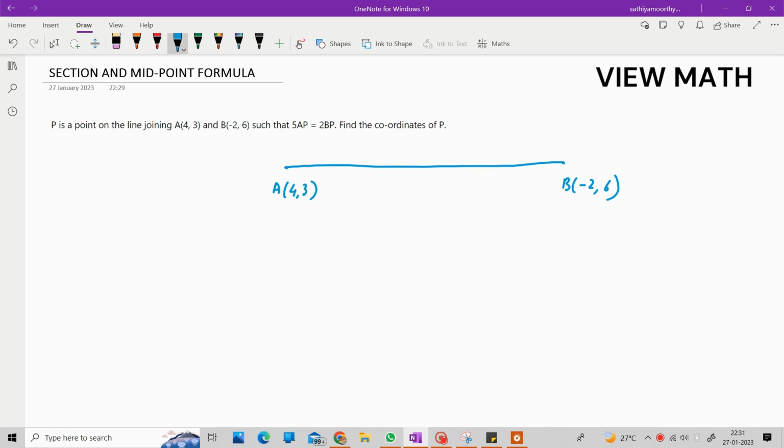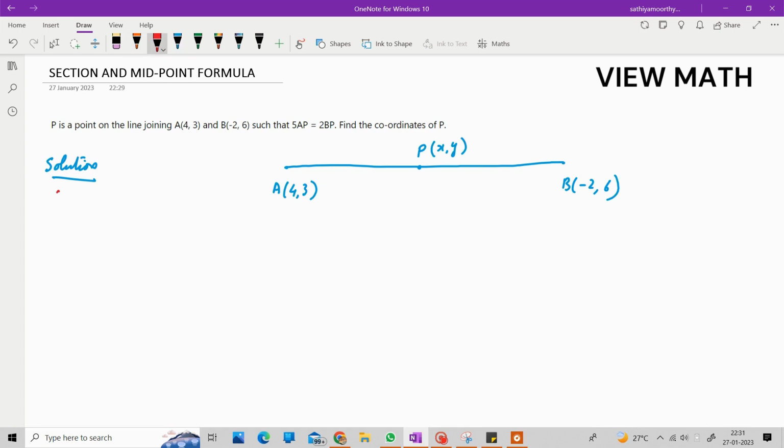Now the point P divides this line segment. Now what is the ratio? They are asking us to find the coordinate of P. Let me take it as x, y. We need to find x and y. First we should know the ratio, how it is being divided. Then we can proceed using the section formula. From the given condition I need to find the ratio.